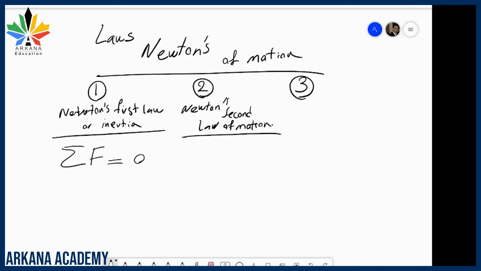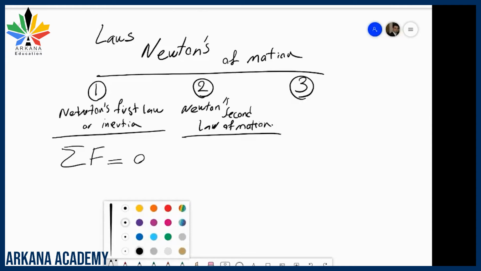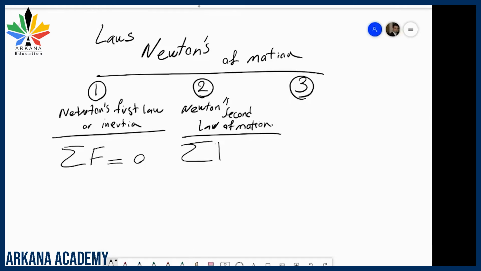So what kind of rule applies in that case is Newton's second law of motion equation, which states that if you have an object that is moving with an acceleration, and there are a lot of examples of it, the combination of the forces acting on that object is not going to be equal to 0 anymore.